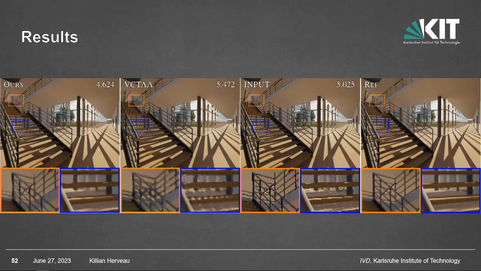So hopefully you can see how the shadows, and at least the light in between the shadows, is correctly resolved by our technique. And VCTAA struggles there, and it otherwise struggles on the lights. You can see that the red has almost disappeared behind the railing, where it's still a little present, and the white of the light is still quite present.